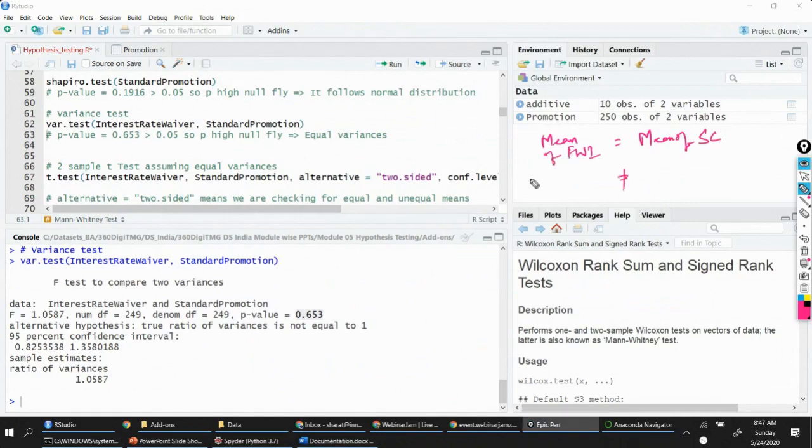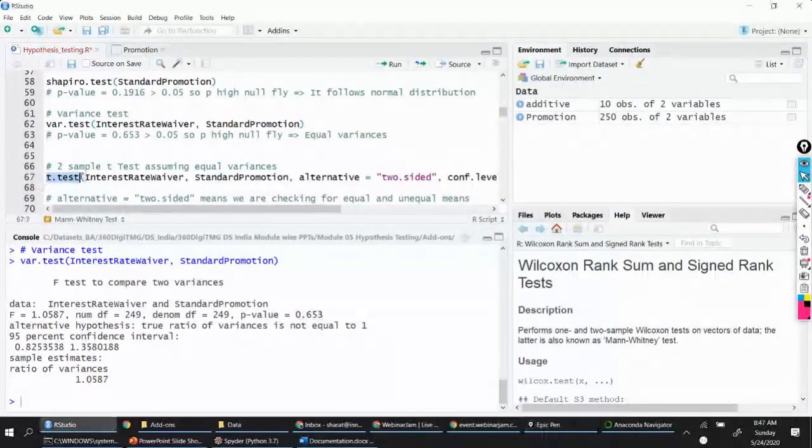And we said not equal. This is null hypothesis. This is alternate hypothesis. Right. So this is two-sided, friends, again. Okay, so let us execute this.